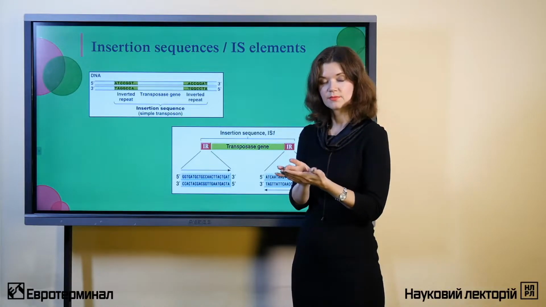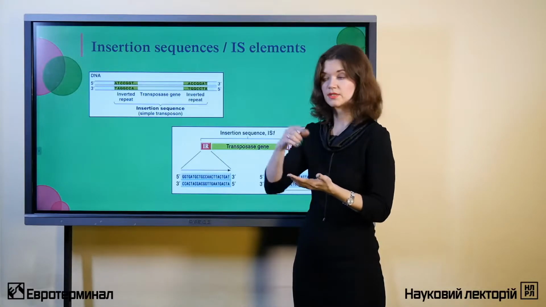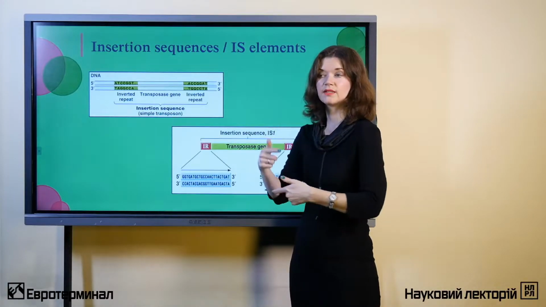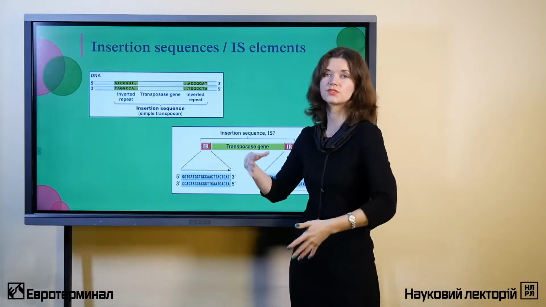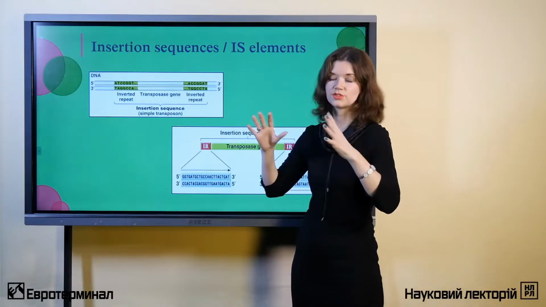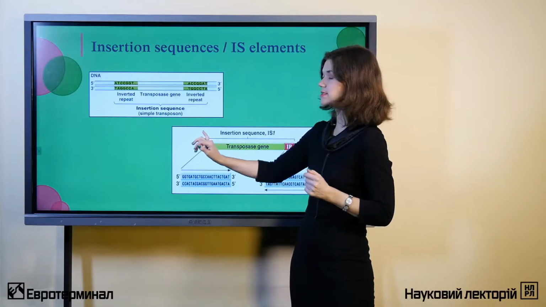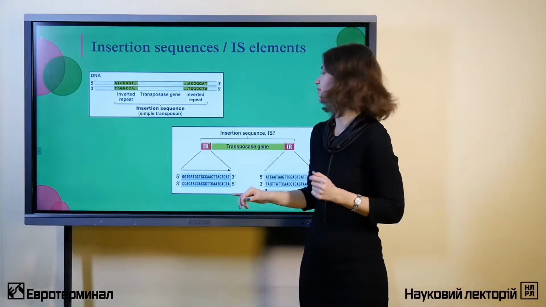The first element stays in the place where it was inserted, and its copy moves around the genome. So, making copies, the copies move through the genome. The copies cause those mutations, insertions, and changes in the genome. So, insertion sequences. Sometimes they're called simple transposons.